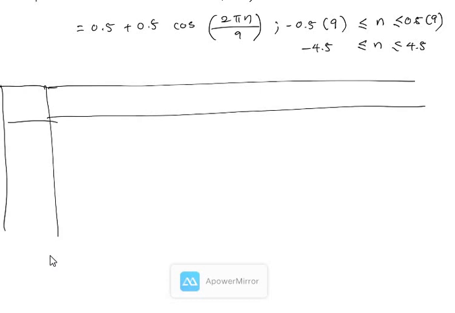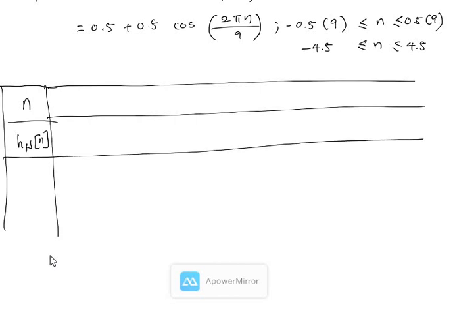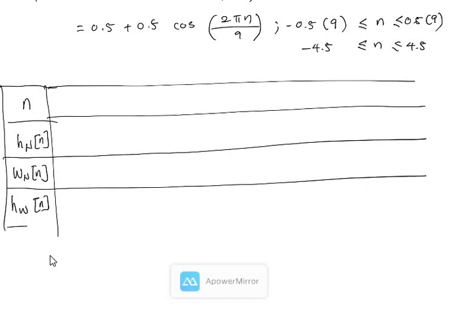So this is for the n. This is the h-hat[n]. And then we have w[n]. And then we have the h-hat w[n]. Okay, so the range is from minus 4.5 to 4.5.